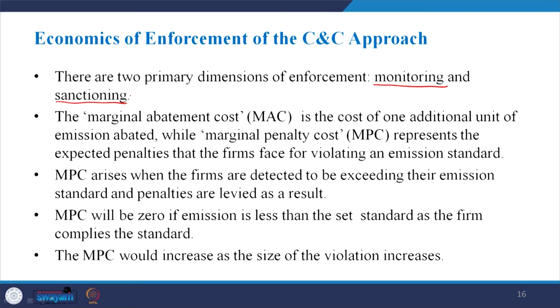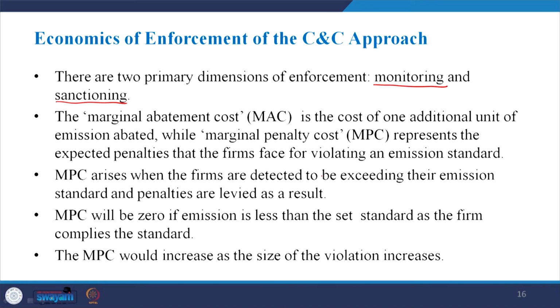Marginal penalty cost, MPC, arises when firms are detected to be exceeding the emission standards and penalties are levied as a result. So, government can set the standard, and if the standard is not met, if any company is emitting pollution beyond the standard, then a penalty can be imposed.